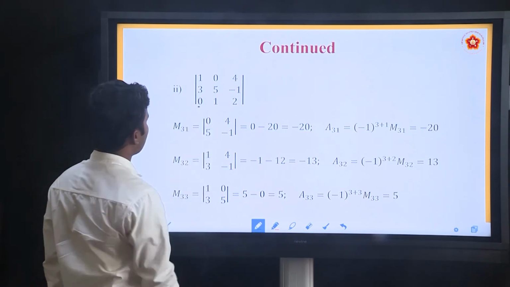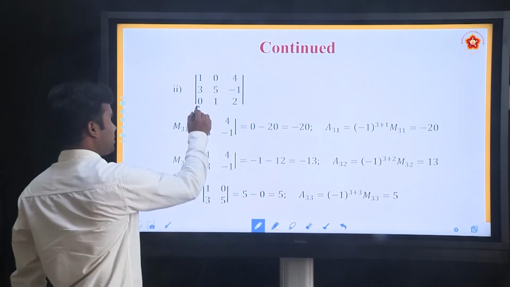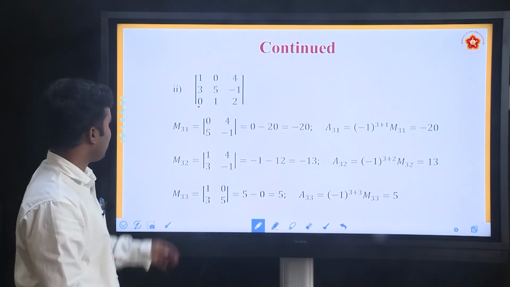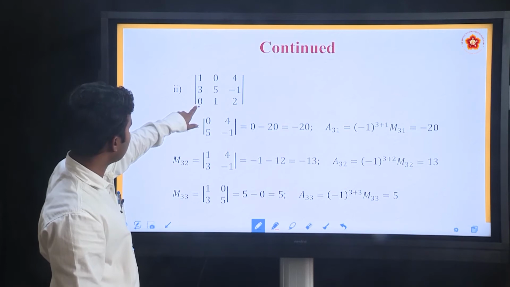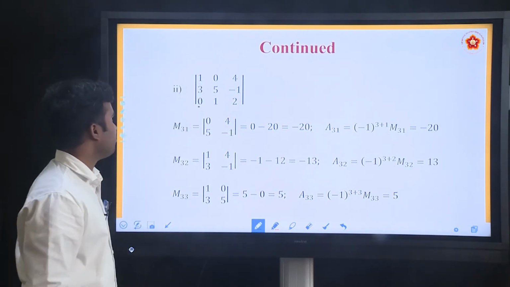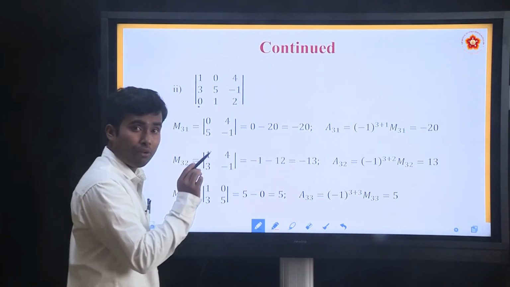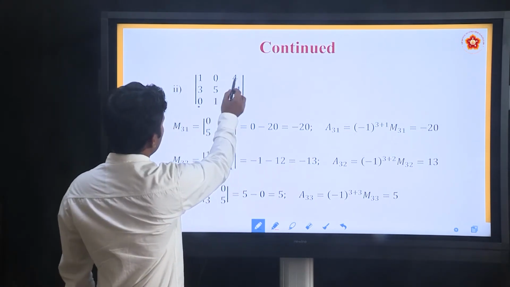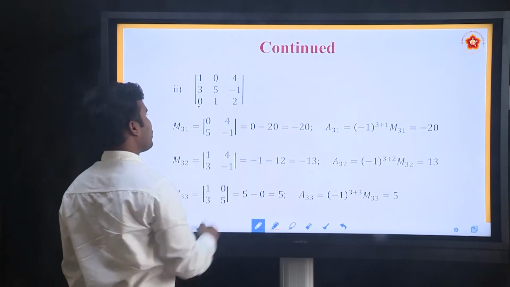We can find the minor of this element 0. How can you find that? It lies in the third row and first column, so you just delete that. If you delete it, what you have is 0, 4, 5, minus 1, and you take the determinant of those elements.